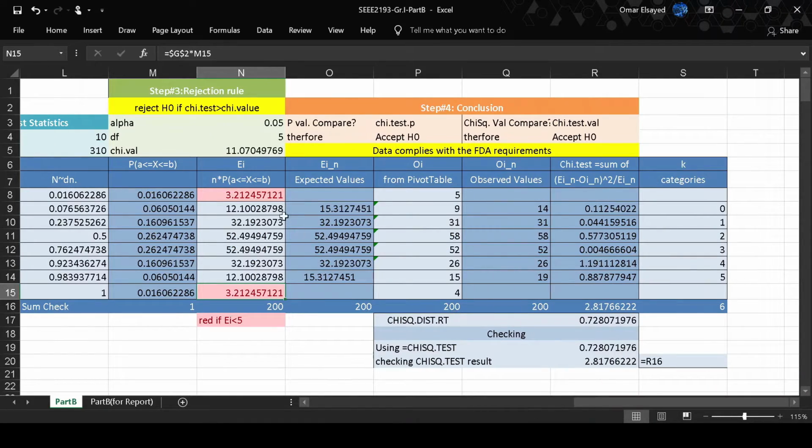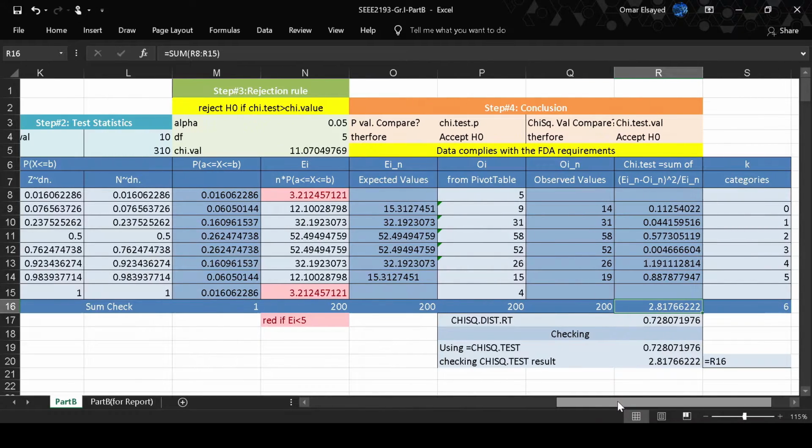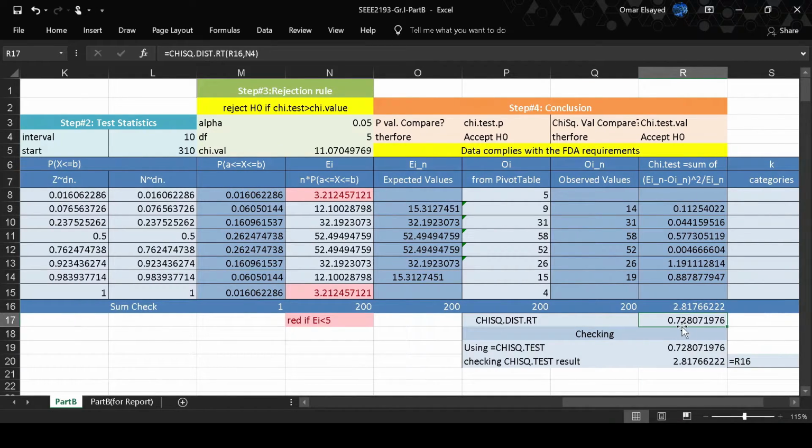And after that, we compare the observed and expected values using the chi-test formula, which is the sum of (OI minus EI) squared divided by EI, and the sum is 2.8, and the p-value should be 0.72.